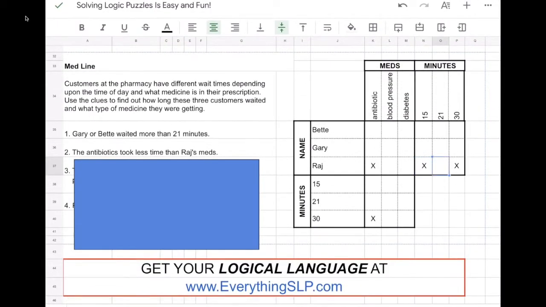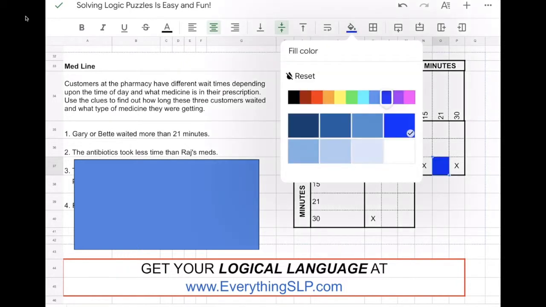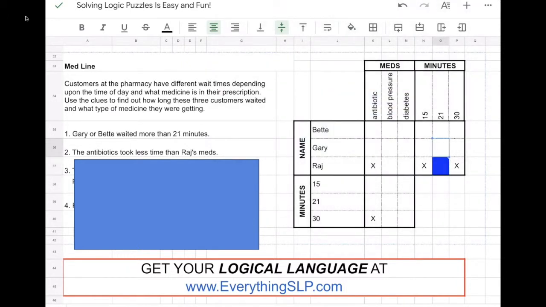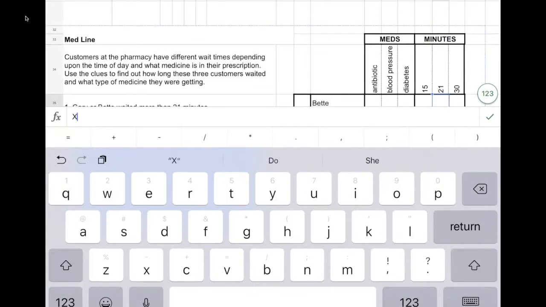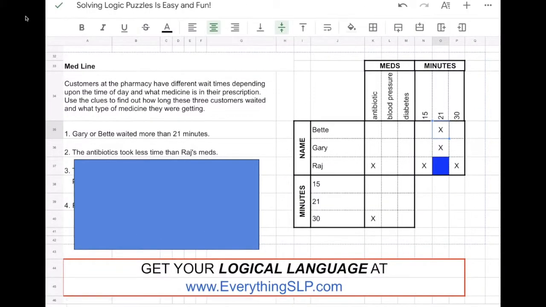Okay, and that gives us one of the answers. We know that Raj must be 21 minutes, so that means the other two cannot be 21 minutes. We want to keep up with crossing out things, because the things that we know are not true are just as important as the things that we know are true.